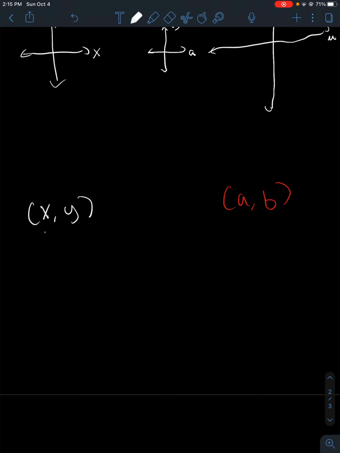So, let's say I have the XY system and the AB system that I've used previously. The XY system has the respective basis vectors, the X basis vector and the Y basis vector.